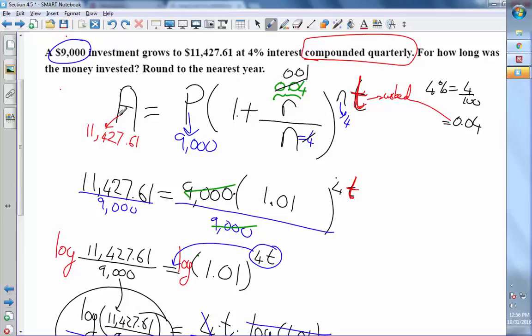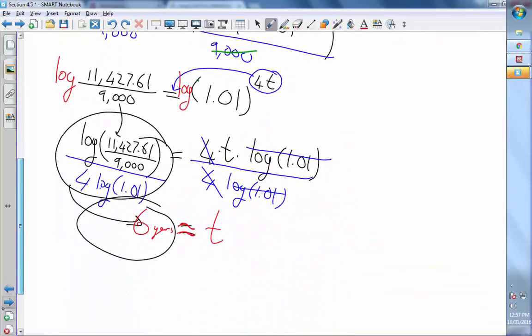Now they provided A, they forgot T. So we solved for T. But T happened to be in the exponent of an exponential expression, a base, 101. So to bring that T down to the ground, you need the logarithm weapon, okay? Logarithm forces them into the ground. We did that. The rest is algebra.